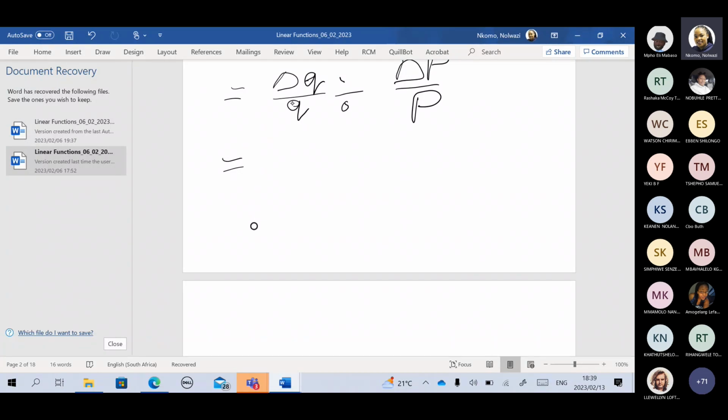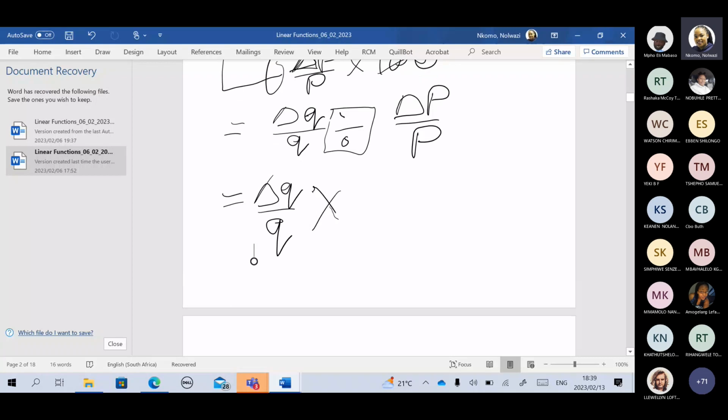So since we have the change in price or change in demand over demand, if we want to replace the division sign with a multiplication sign, you have to multiply with the reciprocal, the inverse of the denominator. Since we have the change in price over price, if we write a multiplication sign, this would be price over the change in price, right?